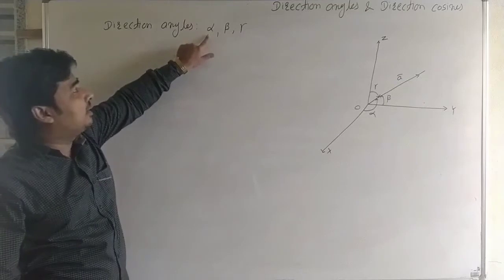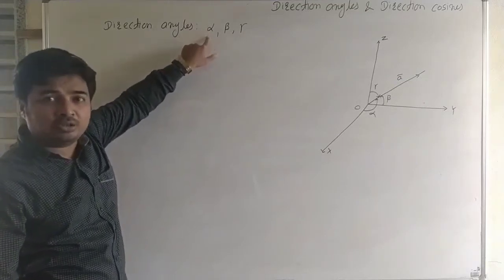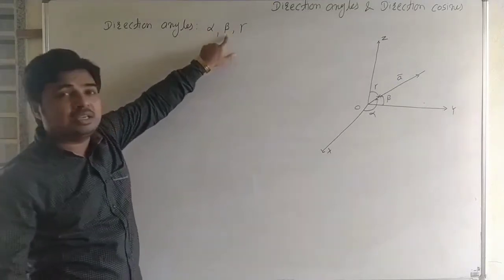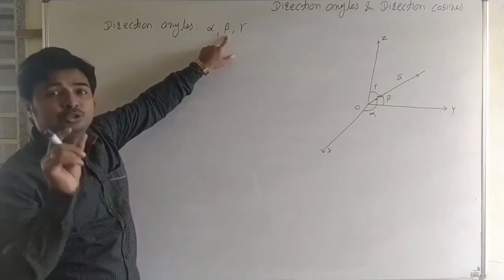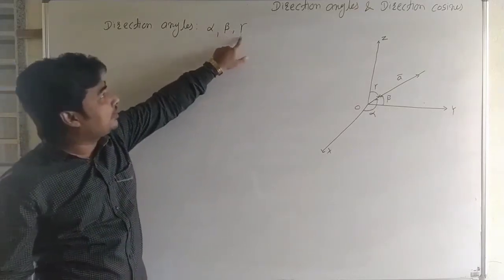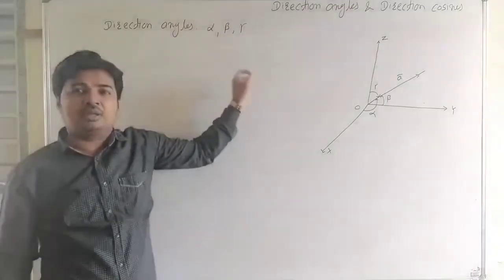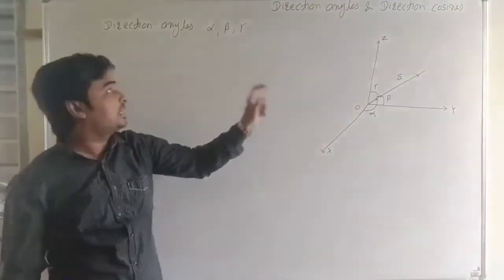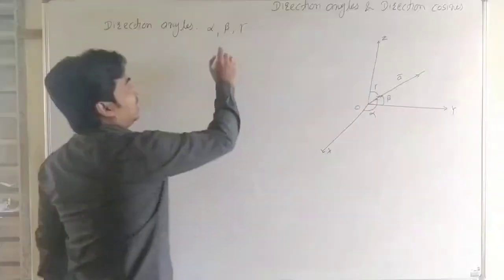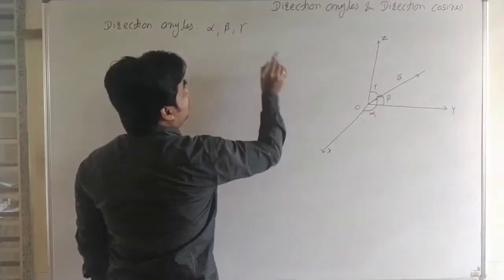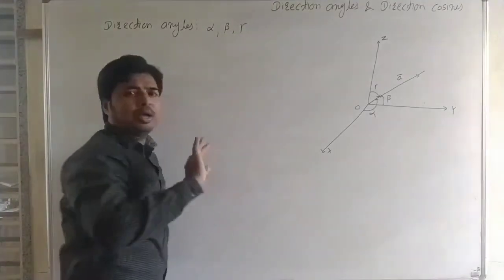Alpha is the angle made by the vector with the positive direction of the x-axis, beta with the y-axis, and gamma with the z-axis. Alpha, beta and gamma all belong to 0 to pi, that is, 0 to 180 degrees.